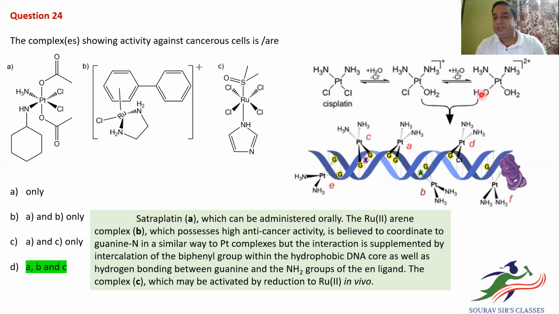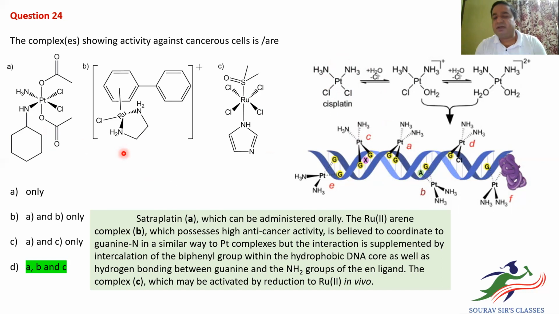So there are 2 such water molecules coordinated, and then the DNA that is present in our body will replace these OH groups and attach to the platinum. However, cisplatin is not used these days because of the other side effects of this particular drug as an anti-cancer drug.